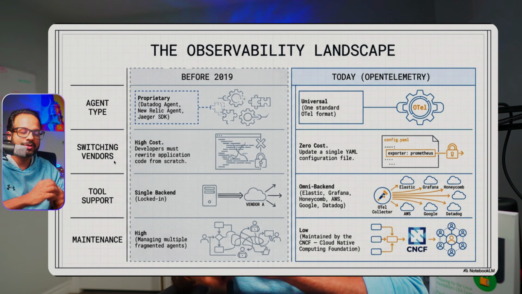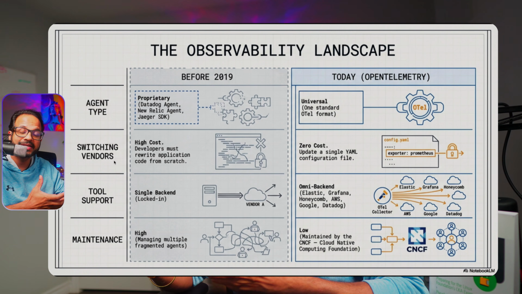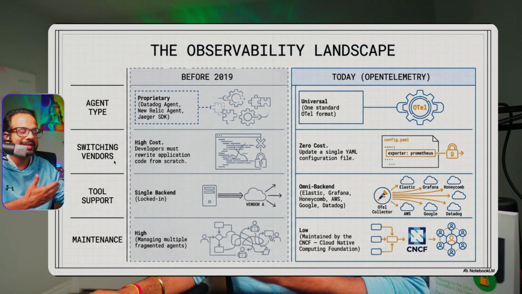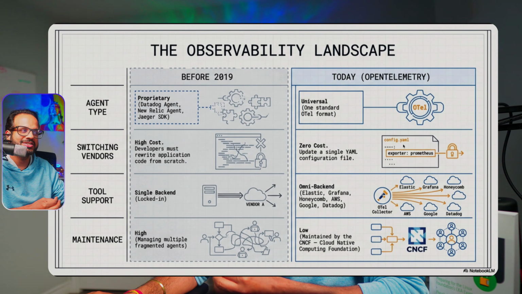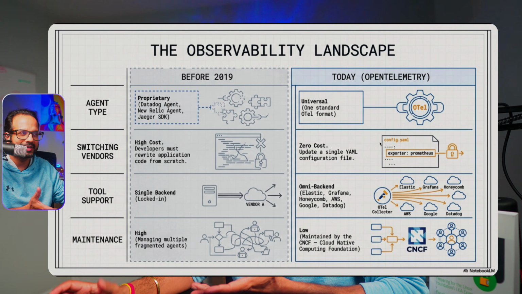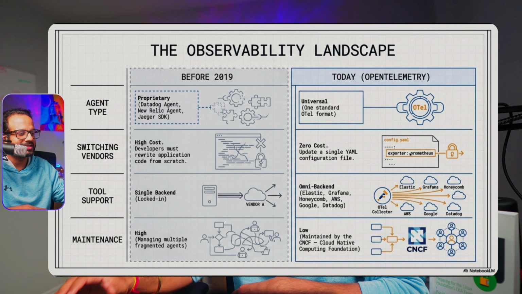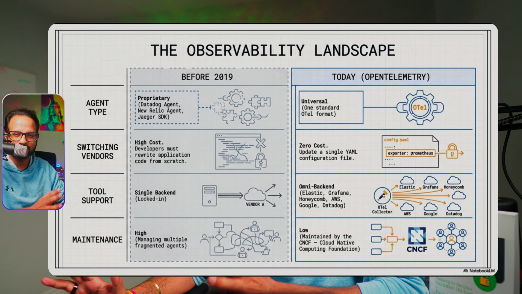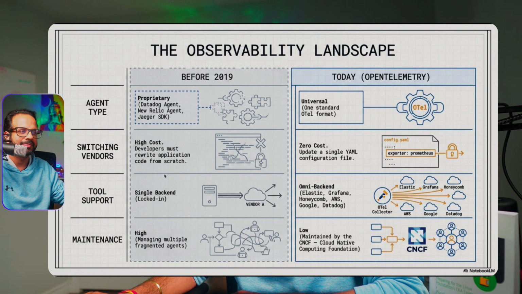It incurred a lot of cost because developers had to rewrite the application code from scratch to implement traces, to implement telemetry and everything. Now it can be done simply with just a change in the config YAML file provided by OpenTelemetry, the image that you can see on the right. It's pretty easy, straightforward, and it's almost a zero cost solution with OpenTelemetry.